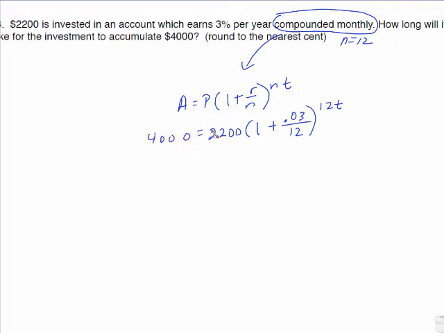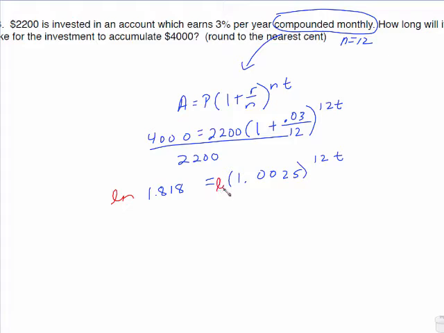We'll do some similar steps to the last problem. First thing is divide both sides by 2,200, and that's about 1.818. Inside the parentheses comes out to be 1.0025 to the 12t. To undo this exponential, we need to take the natural log of both sides.